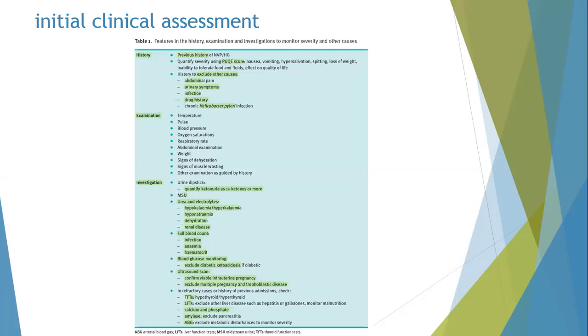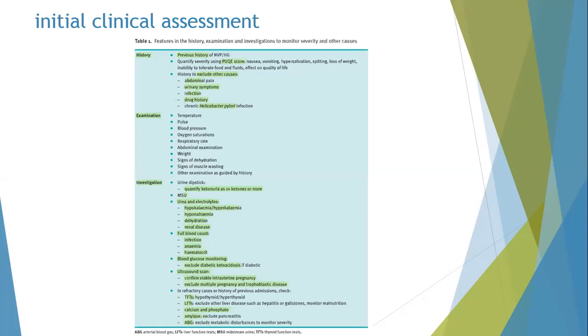In refractory cases or history of previous admission, we will check thyroid function test, liver function test. Thyroid function, hypo or hyperthyroidism. Liver function test to exclude other liver disease like hepatitis, gallstone, and monitor malnutrition as well.